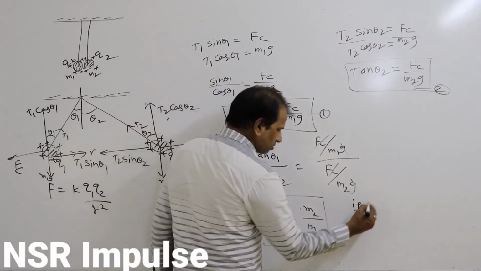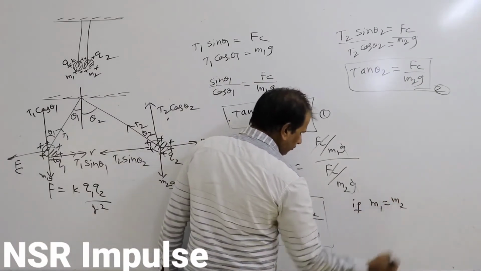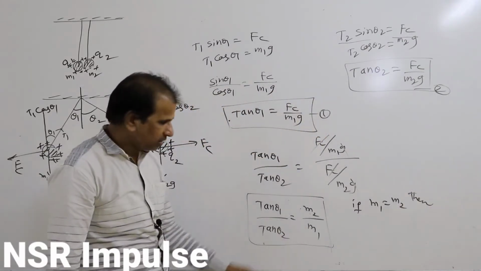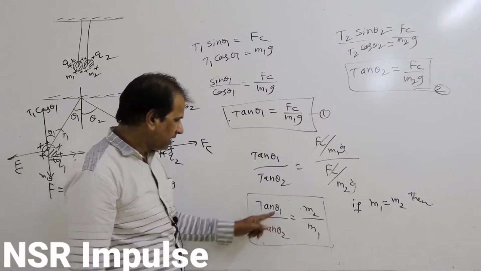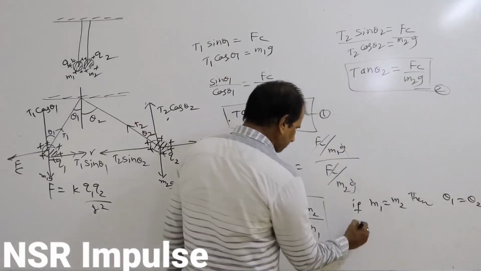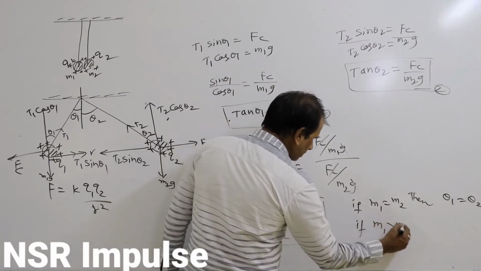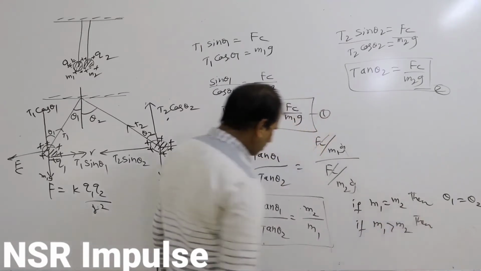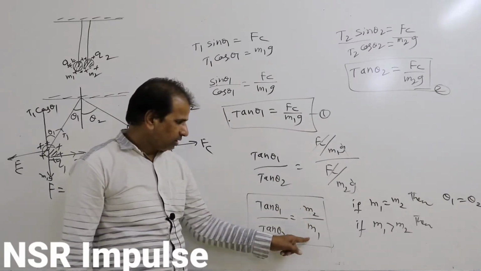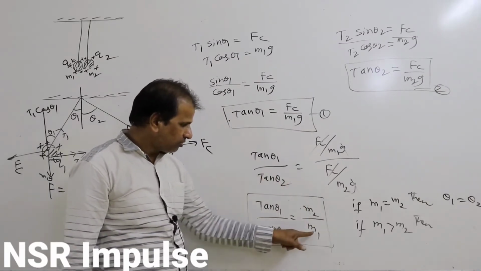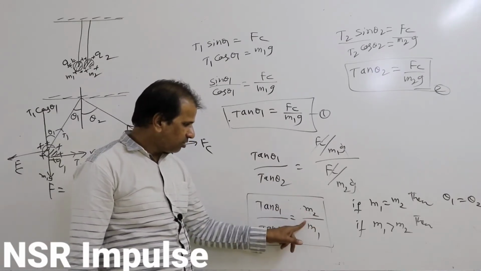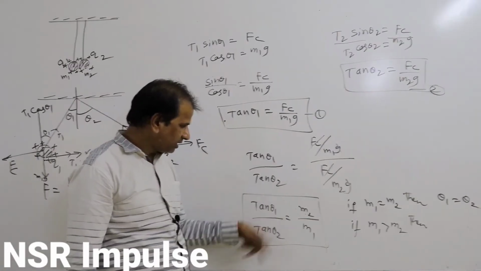Let us consider some special cases. If m1 is equal to m2, if masses are equal, then what happens? Theta 1 is equal to theta 2. If m1 is greater than m2, m1 is more, so the denominator is more, and this value decreases.